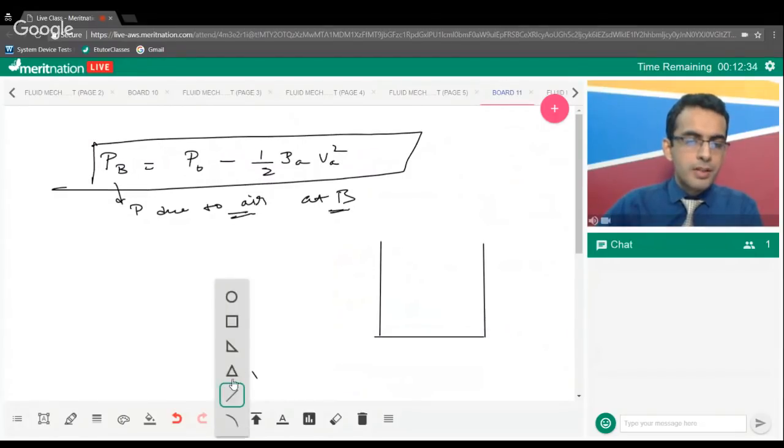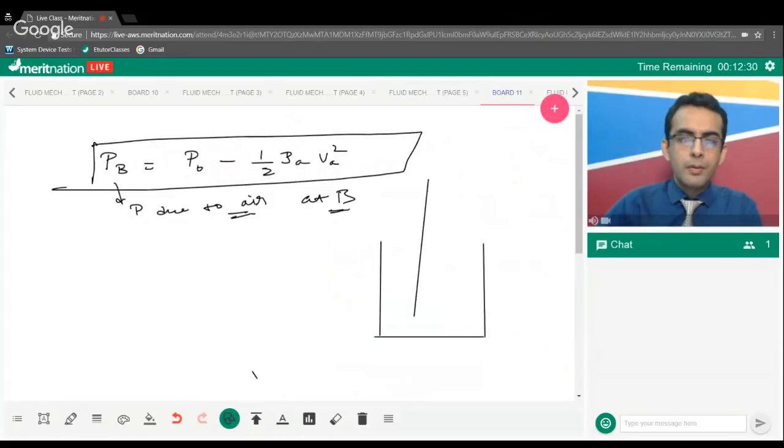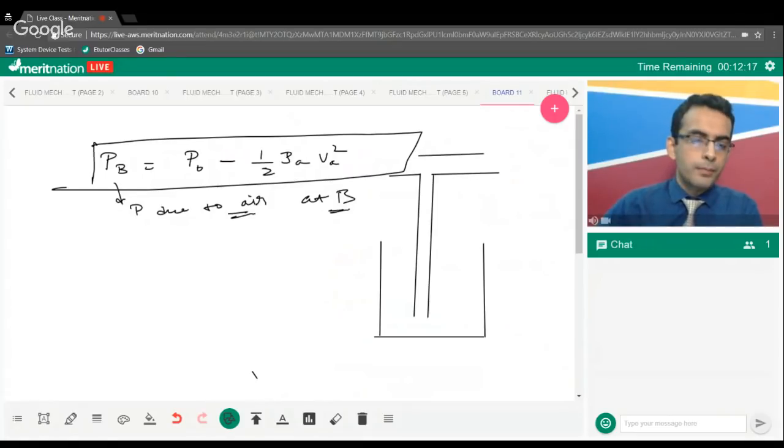So this is the container, and this is your tube, okay? And this one was the upper nozzle. Now, this was point B, at which we have found the pressure.